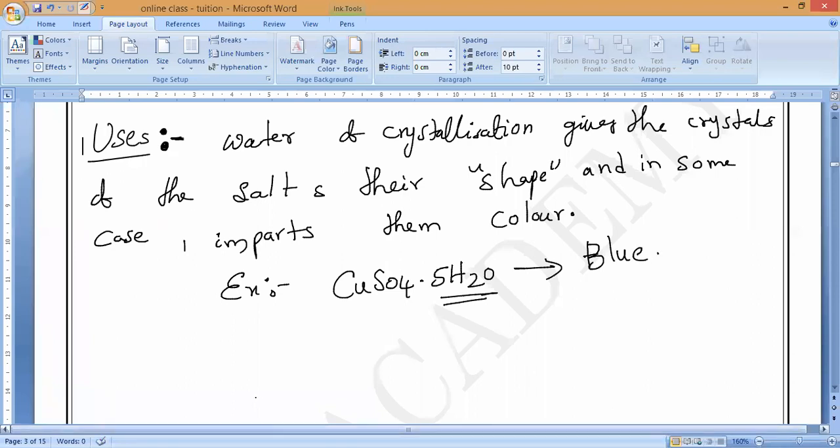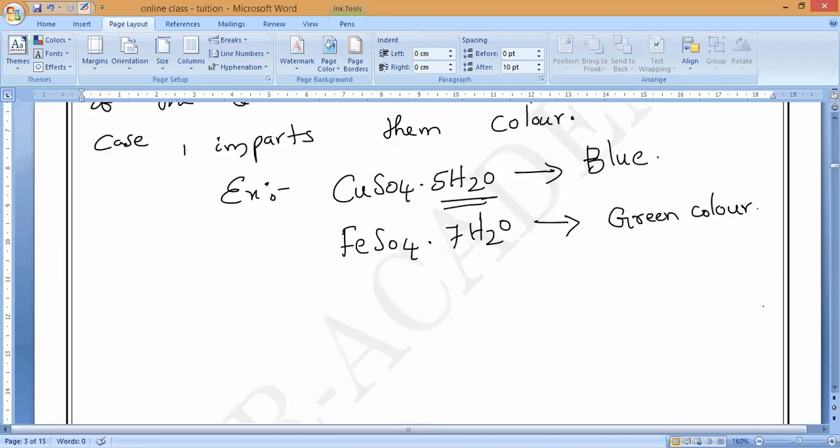Now take the presence of water of crystallization in iron sulfate. What is the formula? FeSO4.7H2O. 7H2O means heptahydrate. So it appears green in color. These are all MCQs.